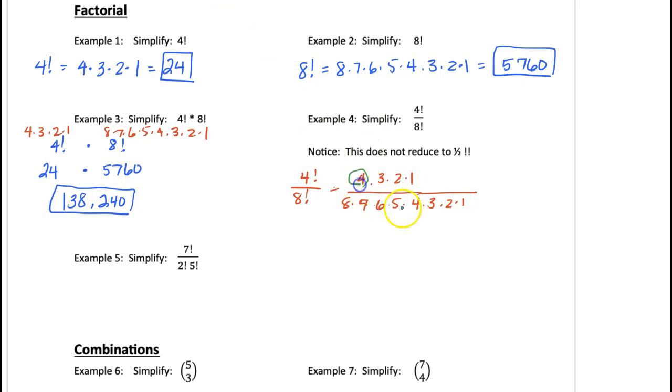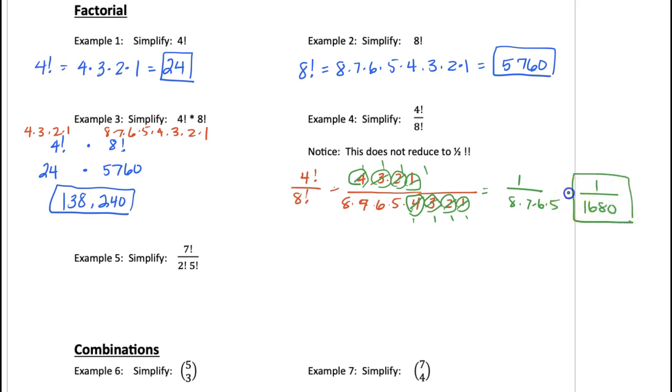In this case, the 4 in the numerator and the 4 in the denominator reduce to 1. In the same way, 3 divided by 3 reduces to 1, and 2 divided by 2 reduces to 1. And in this case, we get 1 over 8 times 7 times 6 times 5, or simplifying, that's 1 over 1,680.